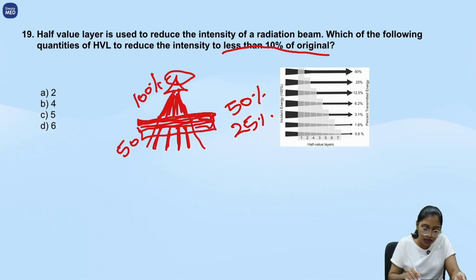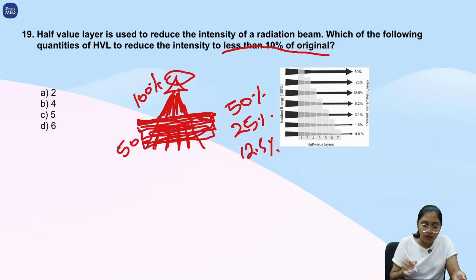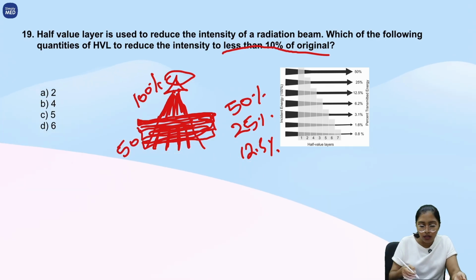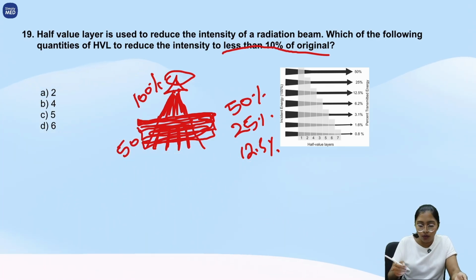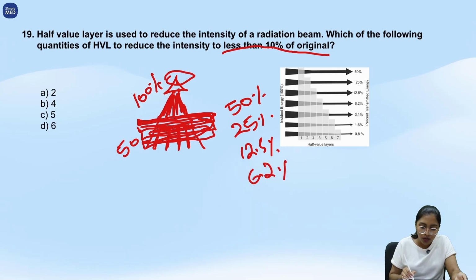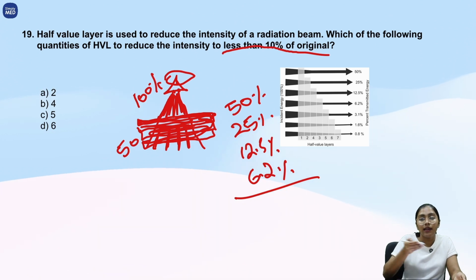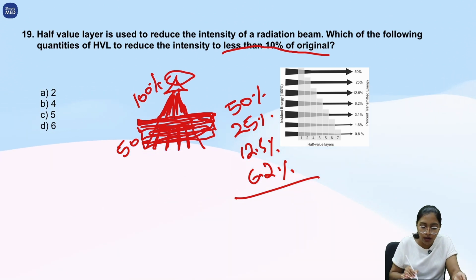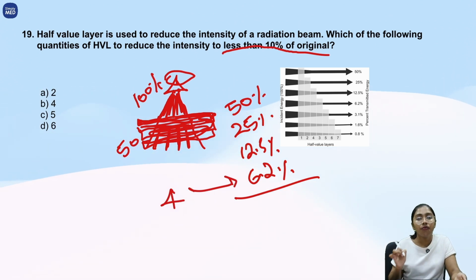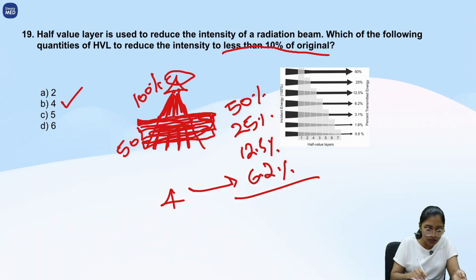If I keep a third, it will be reduced to half of 25, which is 12.5. If I keep a fourth half value layer, the intensity will be reduced to half of 12.5, which is 6.2. So this is the first time the intensity is reduced to less than 10%. How many half value layers were needed? 4. So 4 is the answer.